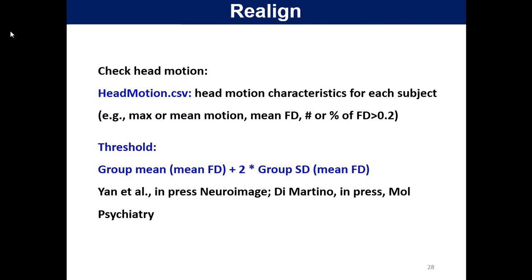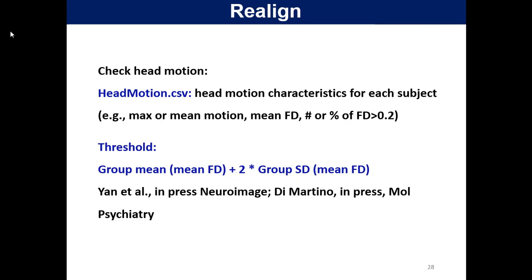But if you are doing a case study or some disease study, lots of subjects will have head motion of more than 0.2 millimeter mean FD. In that case, if you set up such a strict criterion, you will have very few subjects left. So another way is to use your group mean FD plus 2 SD, 2 standard deviations, as the threshold.